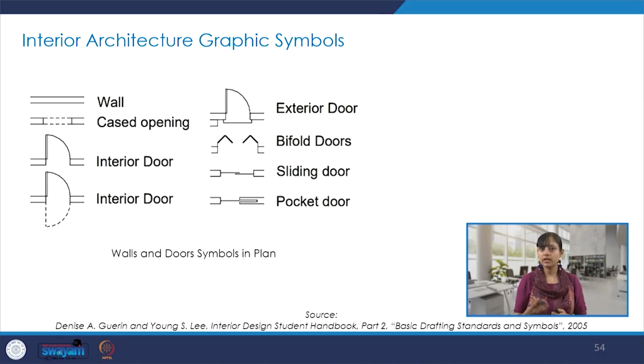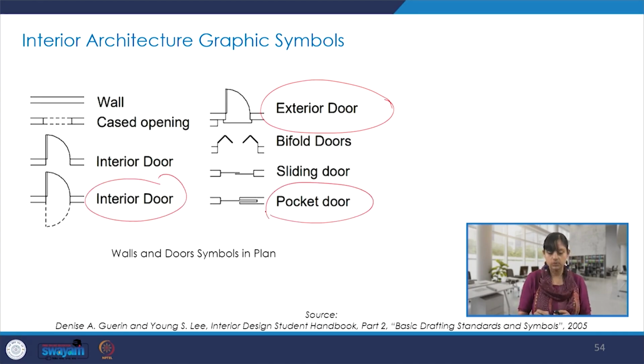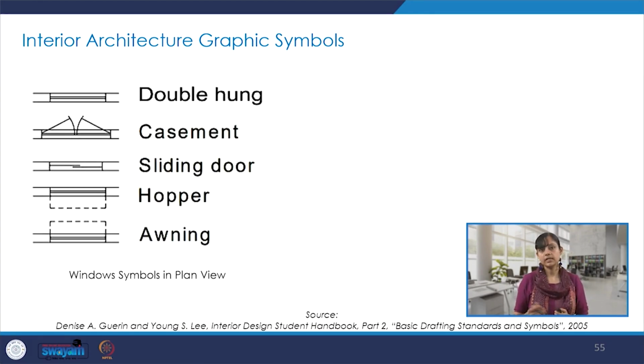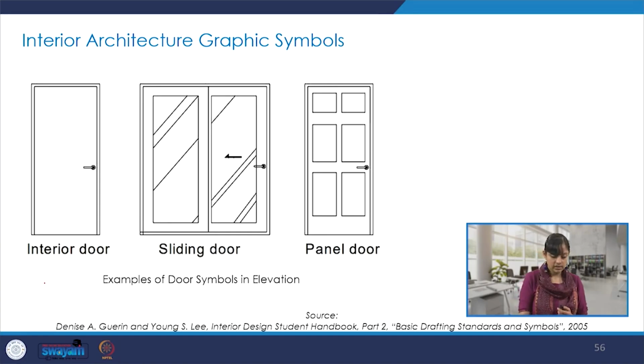Again, some more graphic symbols which can help us understand an exterior door versus an interior door, what is a pocket door, etc. Yes, more of these, whether the window is a casement window or a sliding window, all those kinds of symbols again. And interior door, sliding door, panel door.